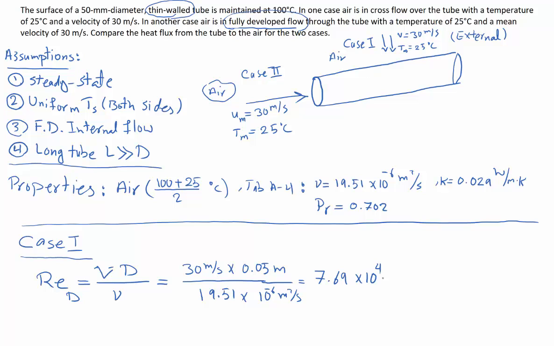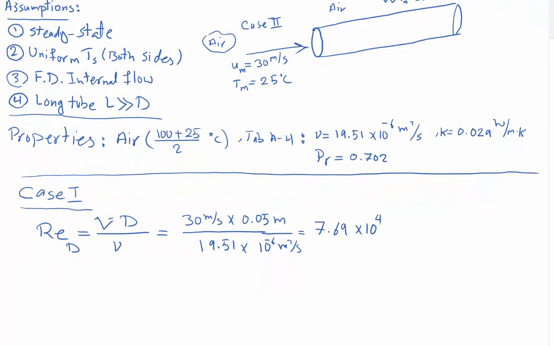So apparently this is smaller than 2 times 10 to the 5, which is the critical Reynolds number for flow over a cylinder. So the flow is in the laminar regime.